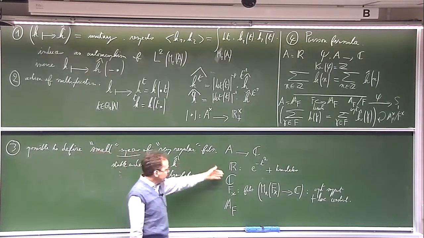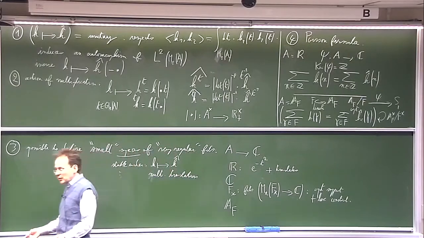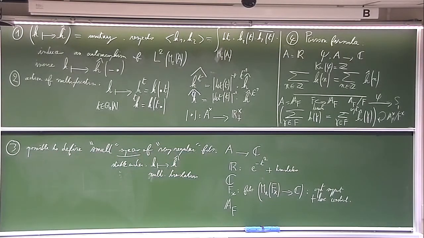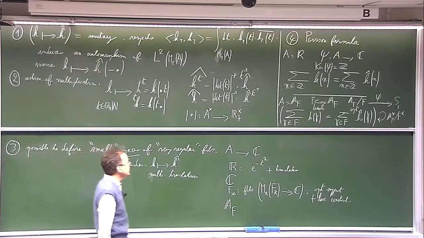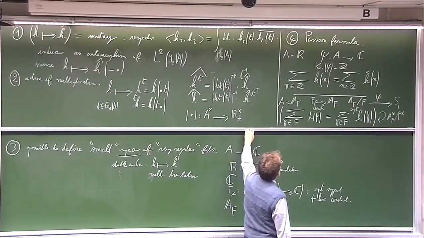Anyway, at all places, and also in the global case of the adele ring, it is possible to define small spaces of regular functions which are stable under the Fourier transform, the multiplicative translations on the right and on the left, and also invariant differential operators and possibly other operators. Okay, so we have these small spaces.